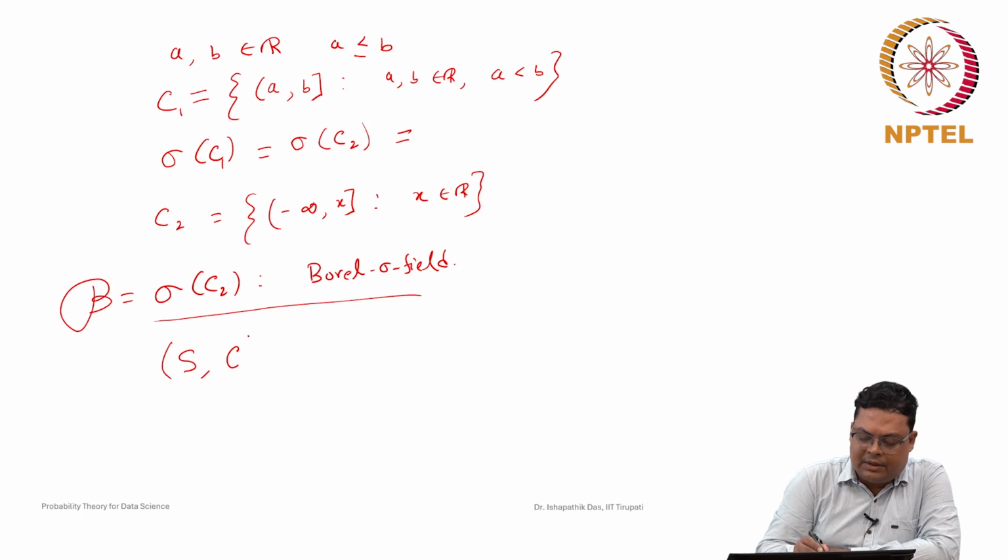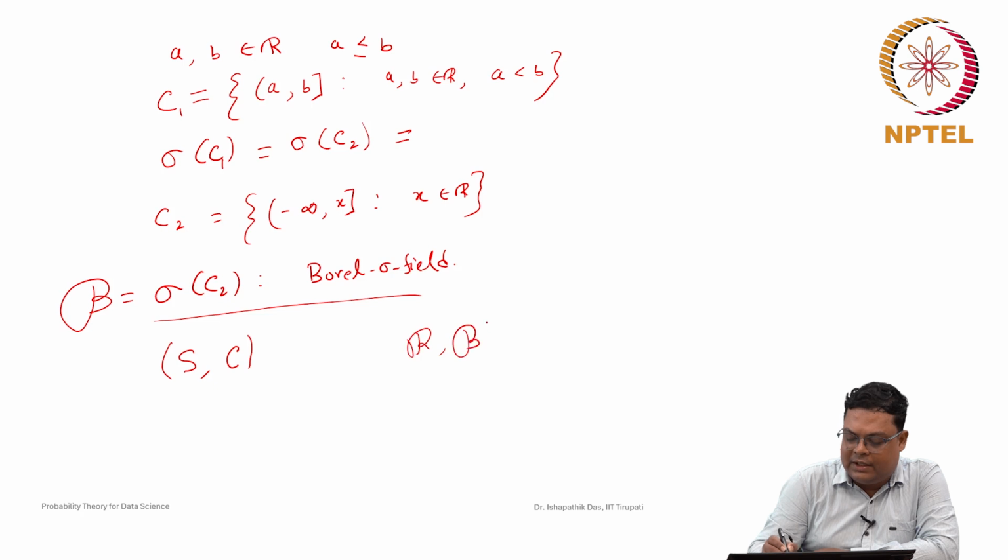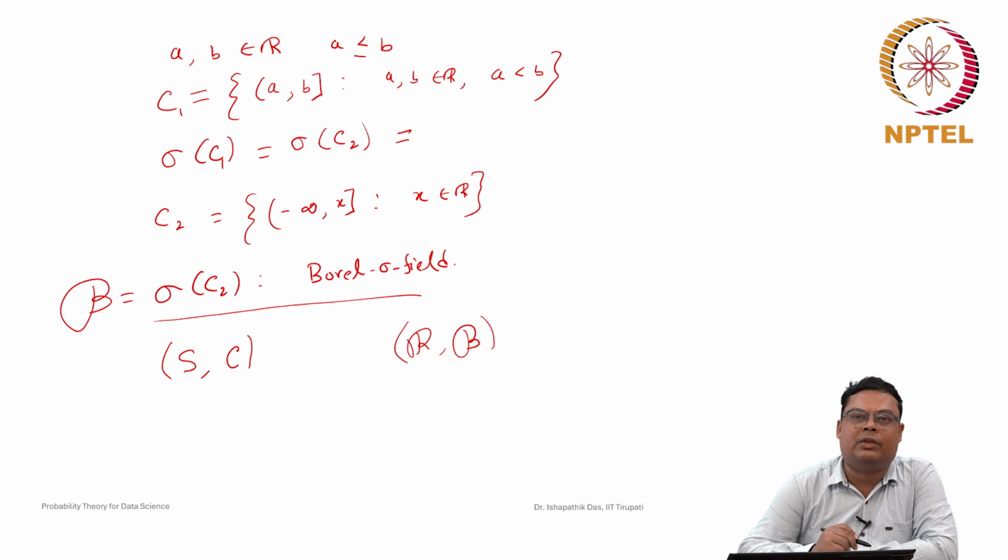We say it is a probability space whenever we define a probability on that. And then on the other side, we have the real number system and the Borel sigma field. So we want to relate these two things.